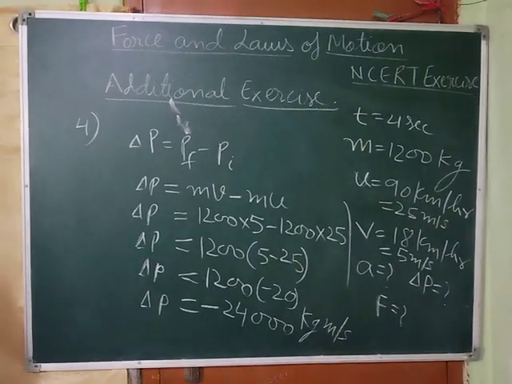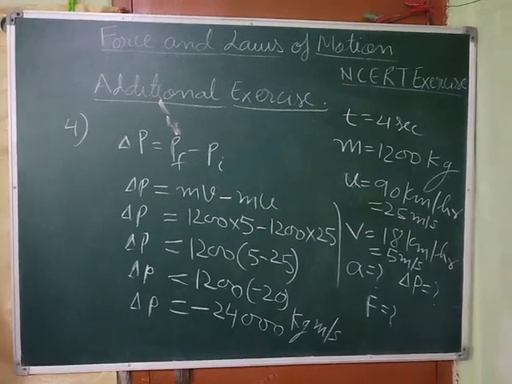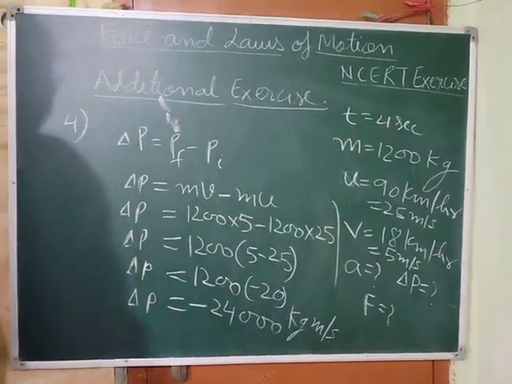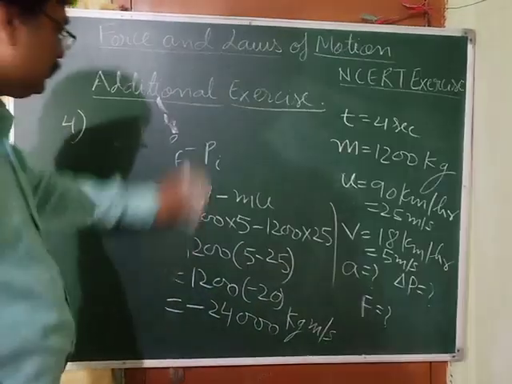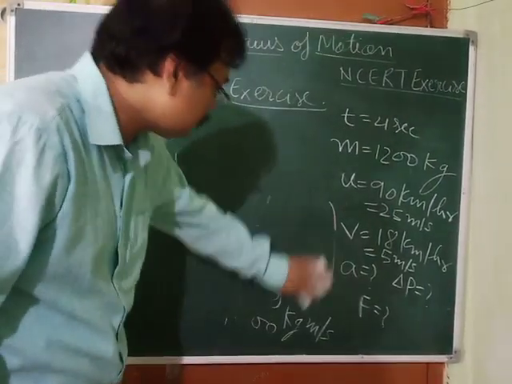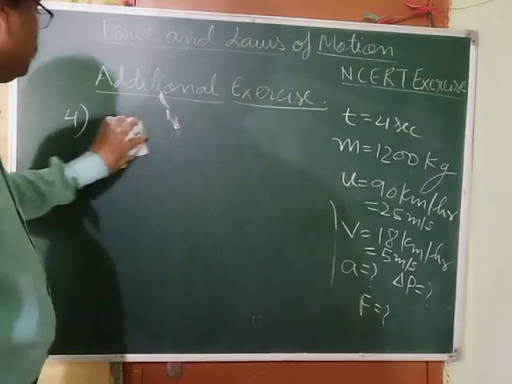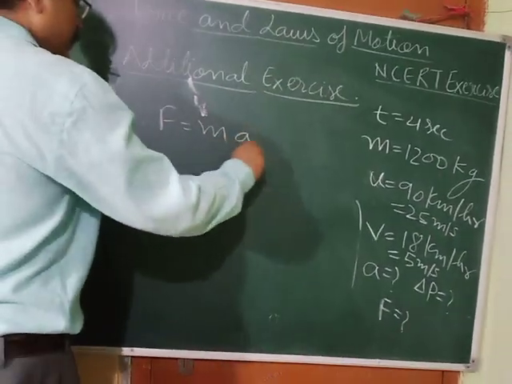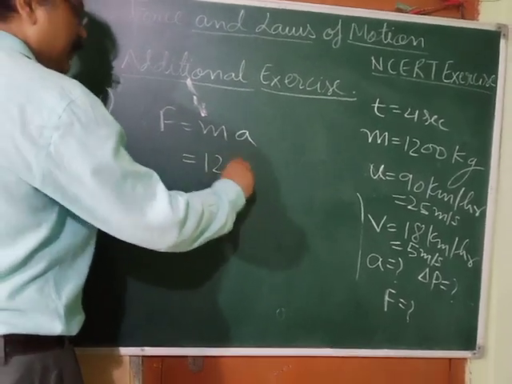Now we have to find out the force acting. In order to find the force acting, we can say F is equal to m into a. What is the mass? It is 1200.